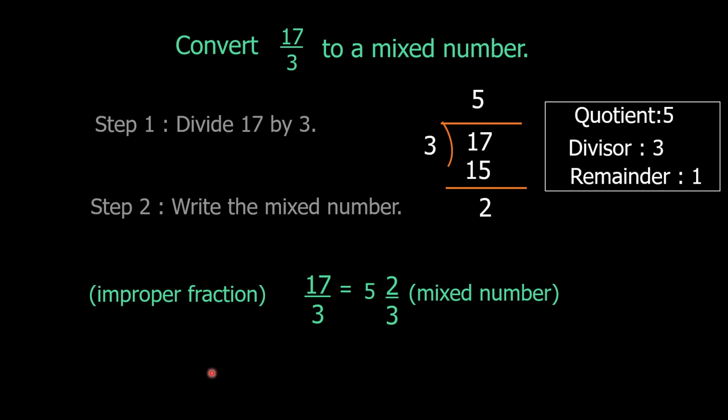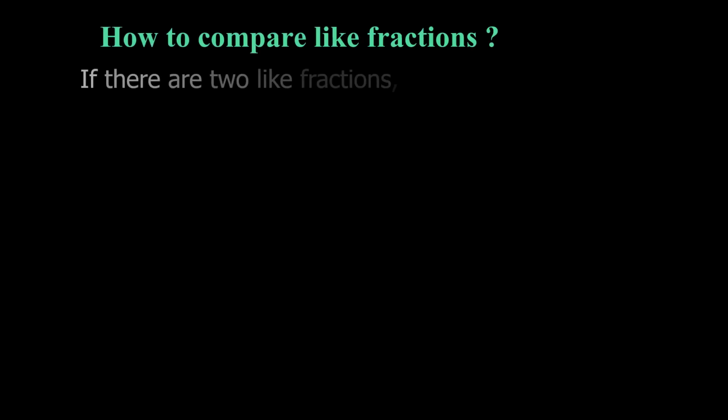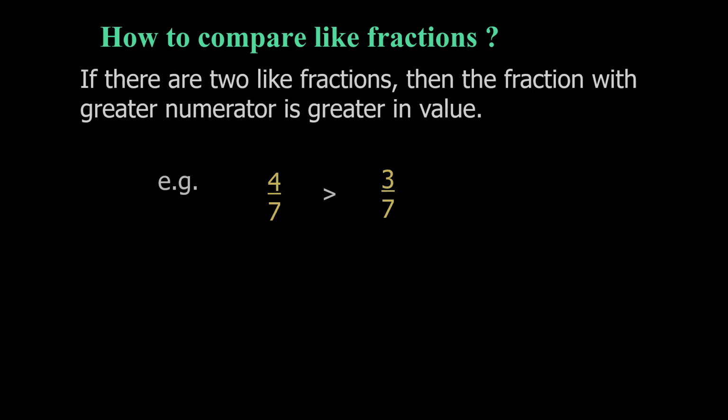How to compare like fractions. Okay, if there are two like fractions, then the fraction with the greater numerator has the greater value. Okay, so we have 7 in the denominator, so just compare the numerators. So 4 is greater, so 4 by 7 is greater than 3 by 7.